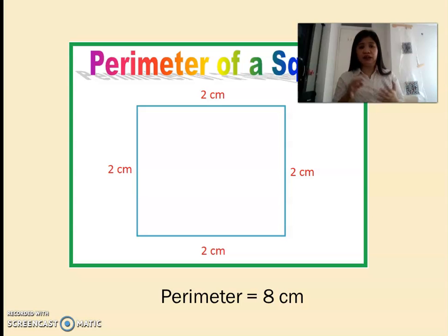Or we can simply add all of the sides: 2 centimeter plus 2 centimeter plus 2 centimeter plus 2 centimeter, we come up with 8 centimeter. That is perimeter. We don't use square here because we are not counting the square. We are counting the total length of all the sides.